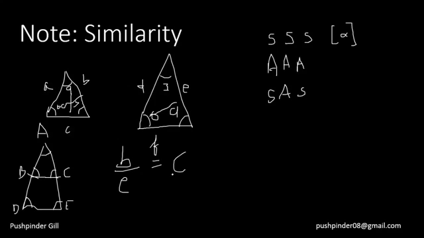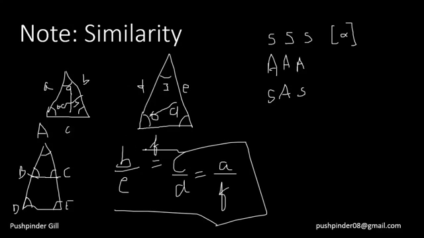C. And here? D. What is opposite to 30 here? A. And here? F. So this is the relationship that will come out when two triangles are similar.